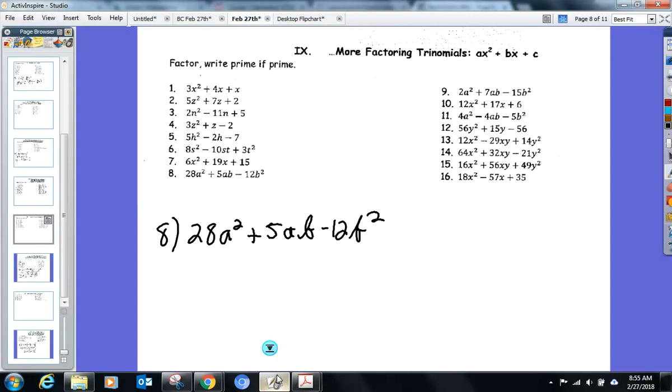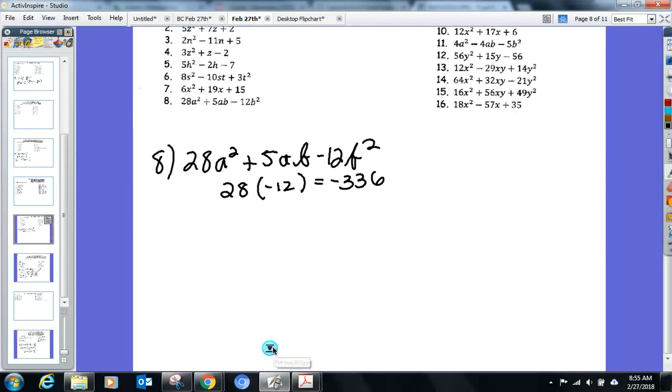Before I group it, though, what two numbers do I need to multiply? Which are? 336. All right, here we go. 28 a squared, something, something, minus 12 b squared.